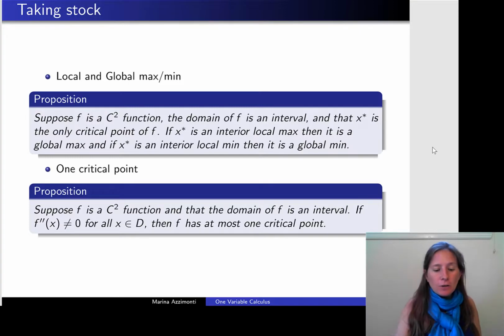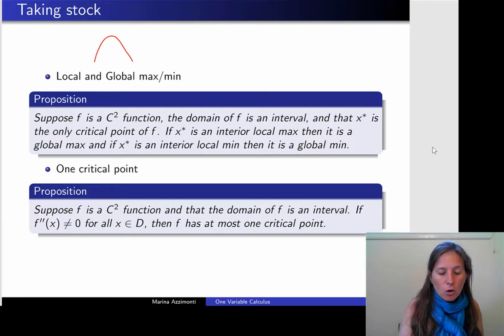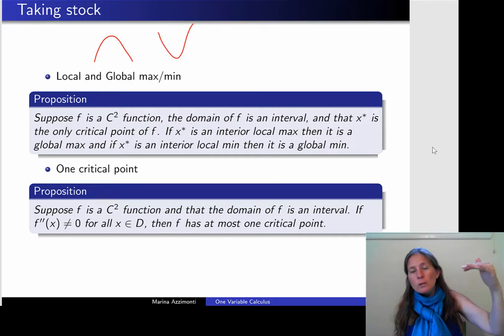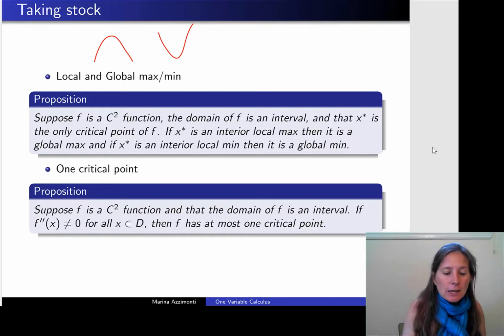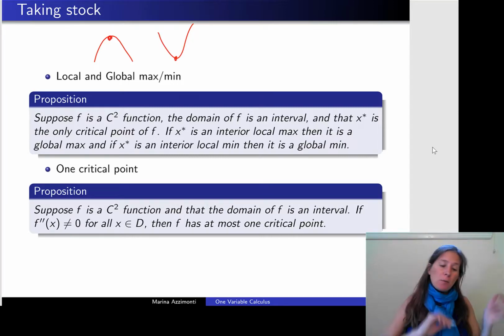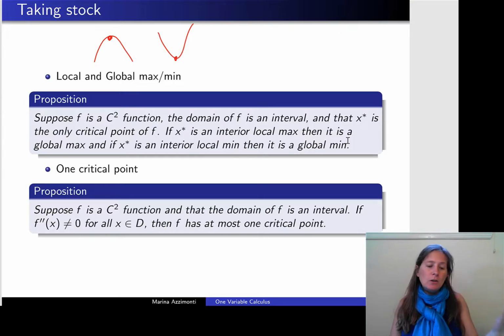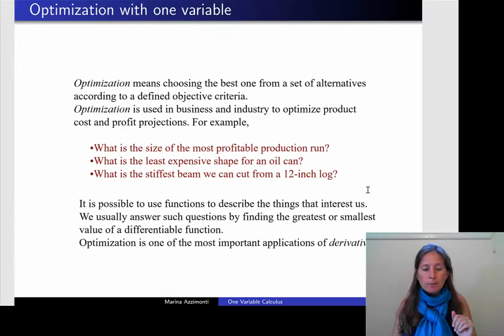So in the case, for example, of this function, or this function, for which the whole domain, the second derivative is either always negative or always positive, then we know that there's only going to be one critical point. And from the previous result, we know that that's going to be the global maximum or the global minimum, depending on whether the second derivative is positive or negative.